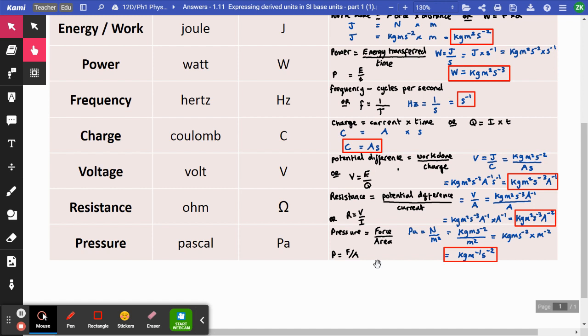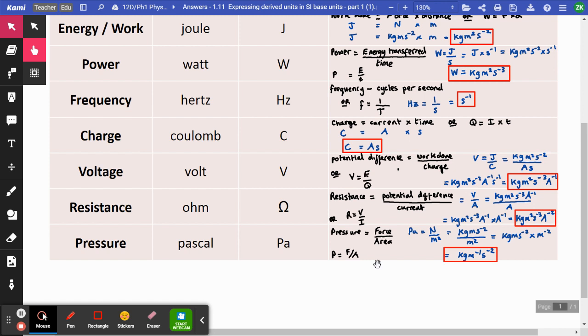So we're going to put that there at the top in place of joules. And then we're going to bring it all together. We know that amp seconds is at the bottom of division. So that's amps to the minus 1, seconds to the minus 1. And then there is seconds to the minus 2 and seconds to the minus 1. That ends up as seconds to the minus 3. So that's kilograms meters squared seconds to the minus 3, amps to the minus 1.